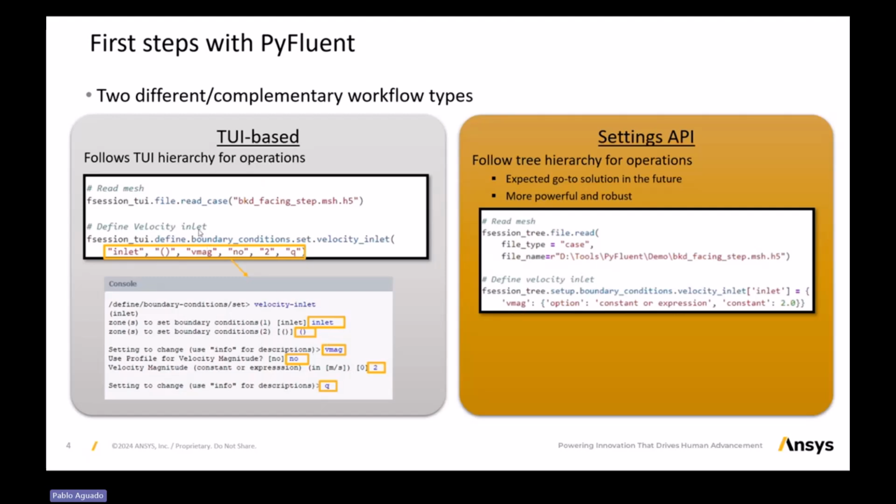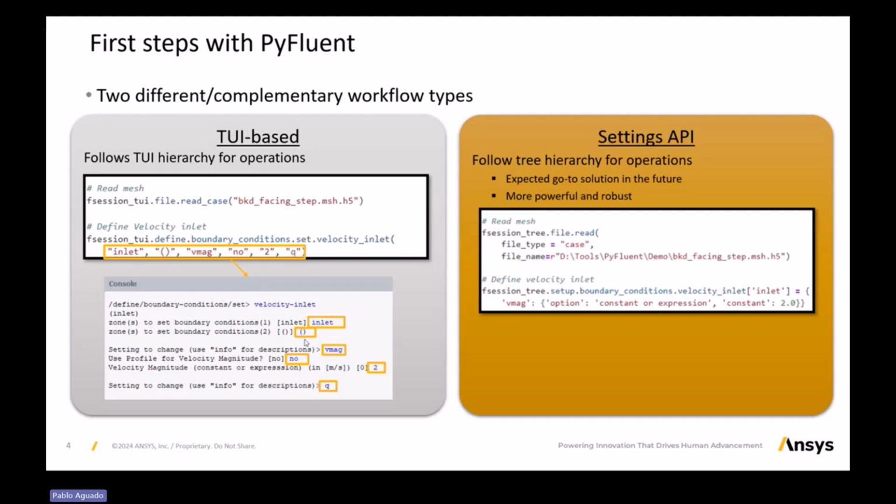In the TUI based approach with PyFluent, you can still follow this paradigm by passing those answers that the prompts ask for as arguments to your method or function that is invoked following the same structure. So we have define, boundary conditions, set, velocity inlet, and then we provide the prompt questions as arguments.